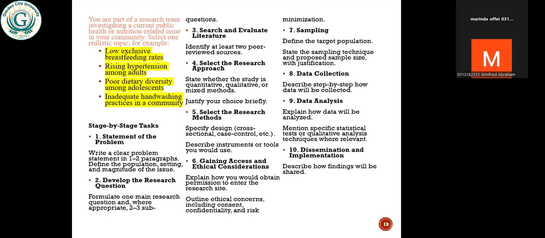Yes, Marie-Laure. Okay, good morning, sir. Good morning. Please, about the questions you posted, I chose the poor dietary diversity among adolescents. I drafted something small, and I wanted you to know whether I'm on the right path, so that you help us clarify.